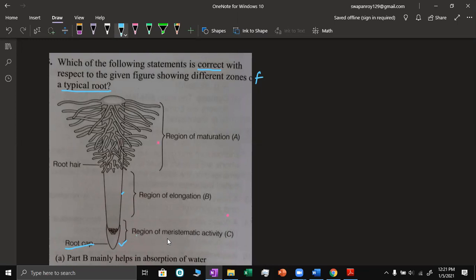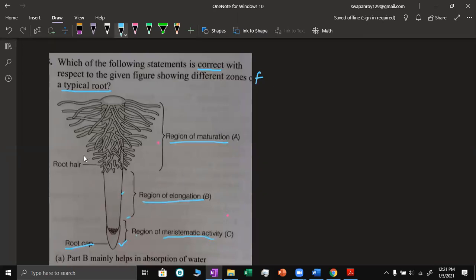That is the reason of meristematic activity, where cells divide continuously. Beyond this meristematic activity, there is a region of elongation. Here the newly formed cells elongate, and after that the region of maturation. Here the cells start maturing.